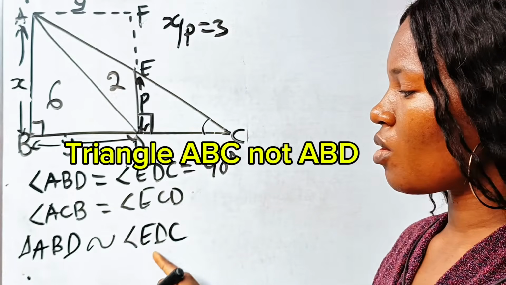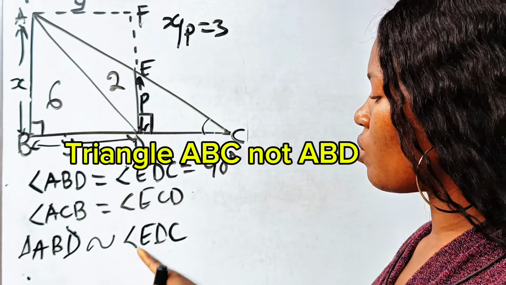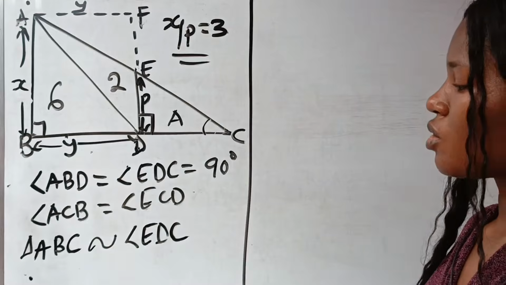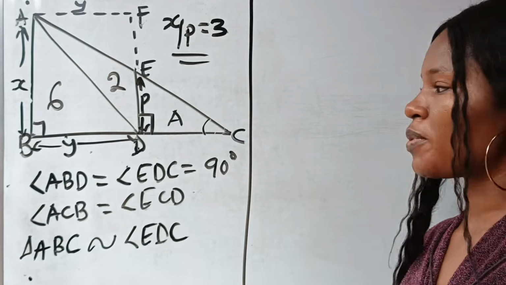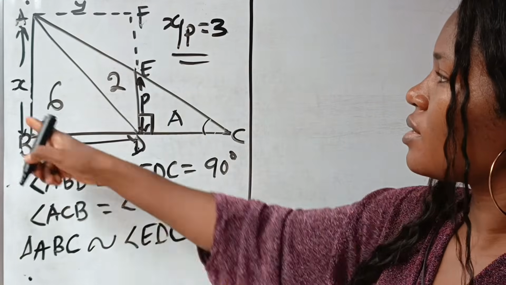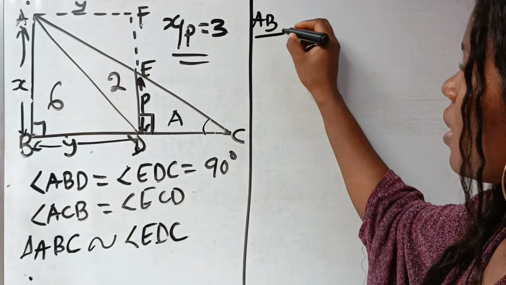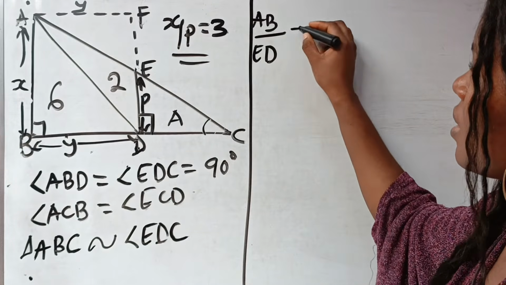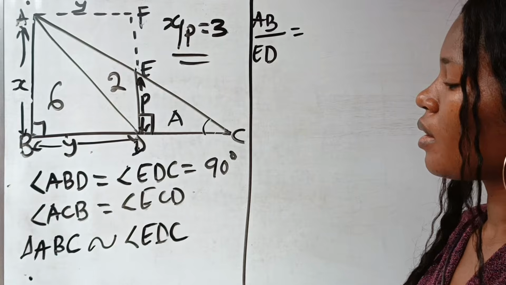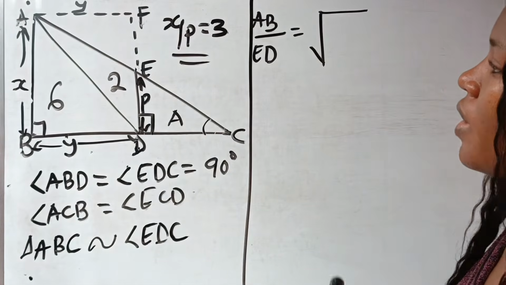That is what we concluded. So the ratio of their corresponding sides, AB divided by ED, is equal to the square root of their areas.